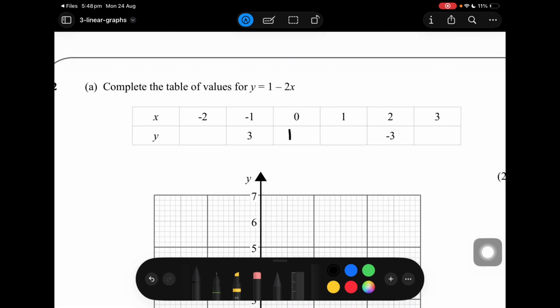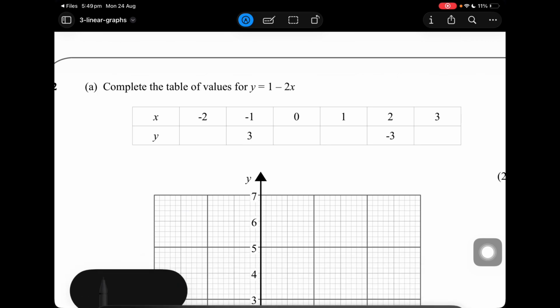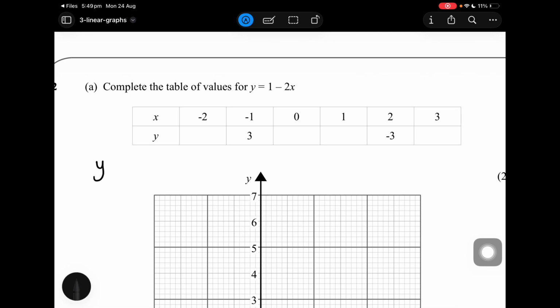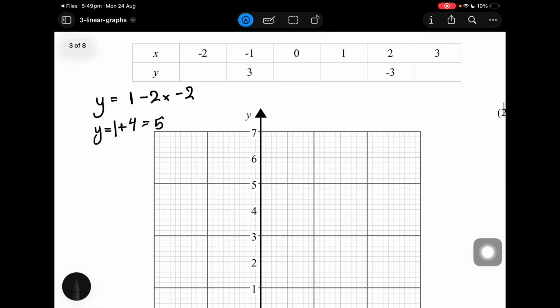So our next question, complete the table of values for y is equal to 1 minus 2x. So for this one, y is equal to 1 minus 2 multiplied by negative 2, which is y is equal to 1 minus, and negative multiplied by negative makes positive 4. 1 plus 4, which is 5.